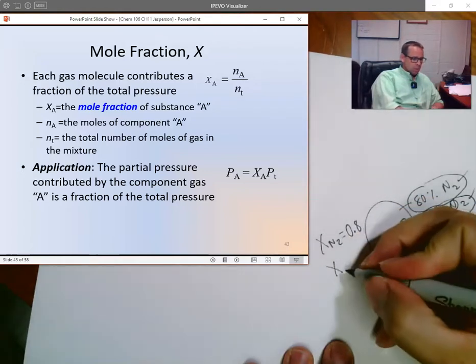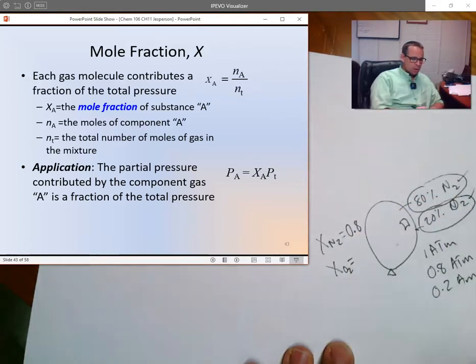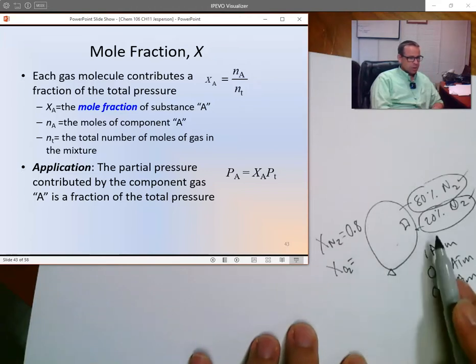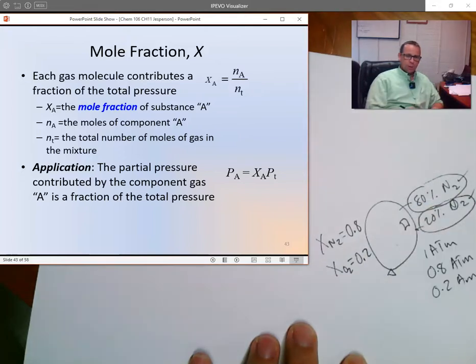All right, Jace, then what would be my mole fraction for oxygen in this balloon? What do you think, Jace? What would be the mole fraction of oxygen in this balloon? Just 0.2. That's right.